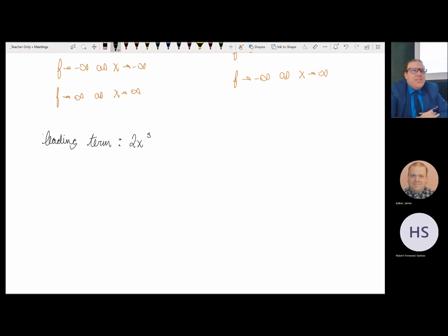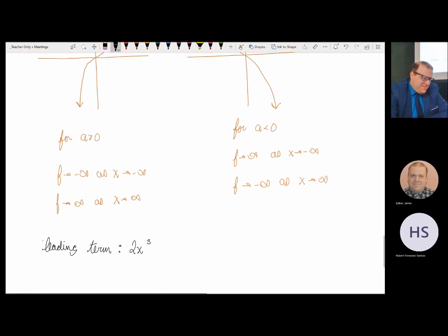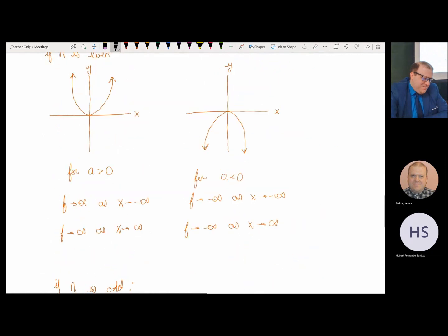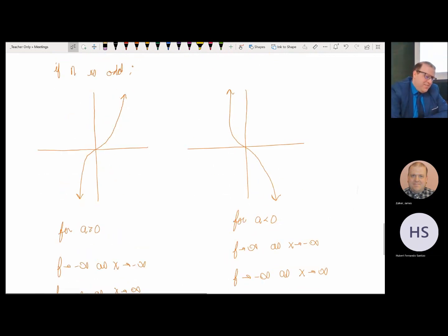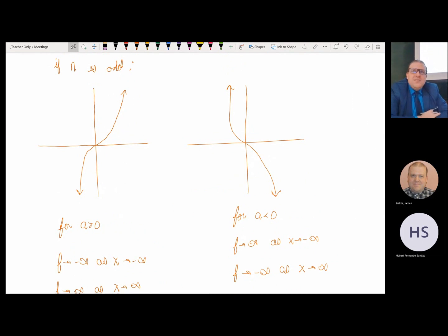Now it's just a matter of matching this to one of the 4 graphs above. What's the leading term? How about 3? 3 is the exponent. So it's an odd degree, so it's going to be one of these two. Is a 2?